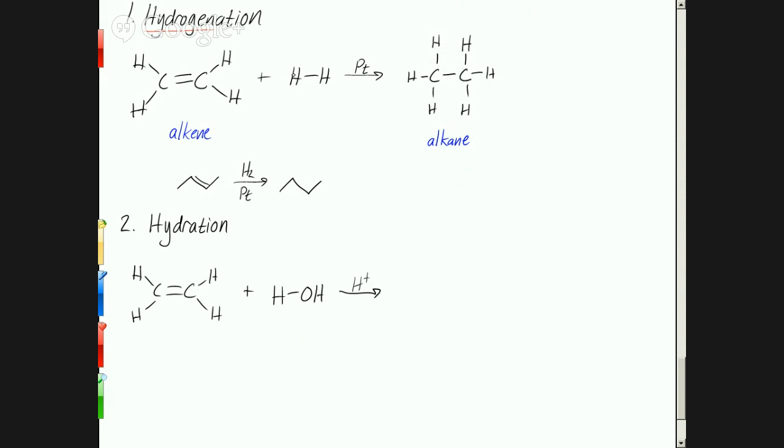And same kind of thing. We had HH, and each H went to a carbon. Now we have HOH. The H is going to go to one carbon, the OH to the other. So the H to one side, the OH to the other.